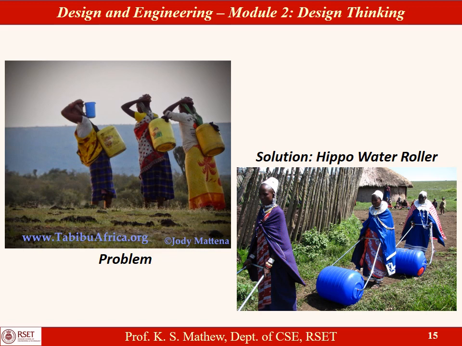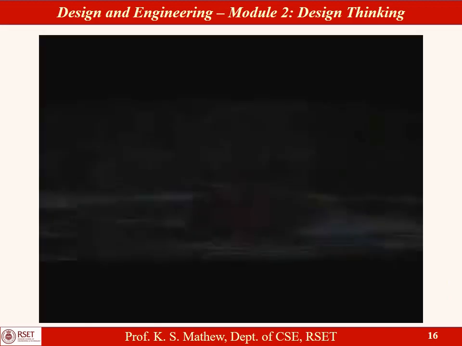You can see the capacity of the tank has increased. Maybe now it is 100 liters. Before it was 20 liters, probably 5 times higher than the original cans. But now they can carry these rollers very easily.